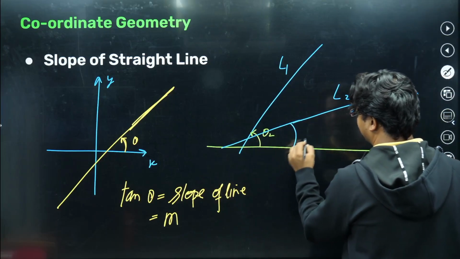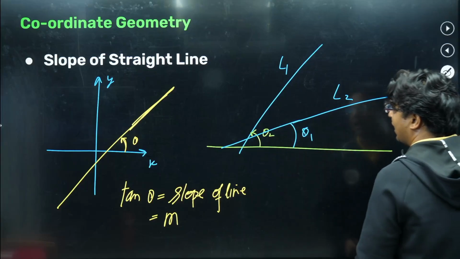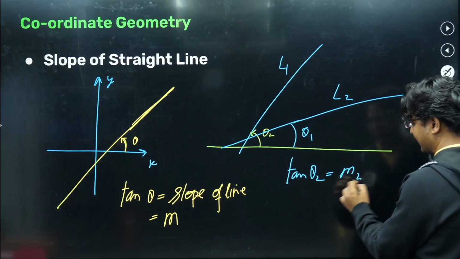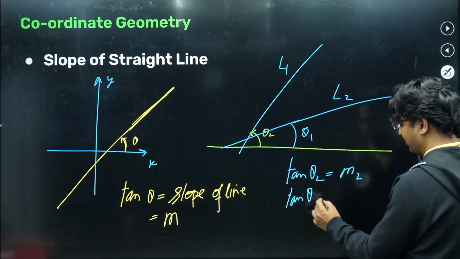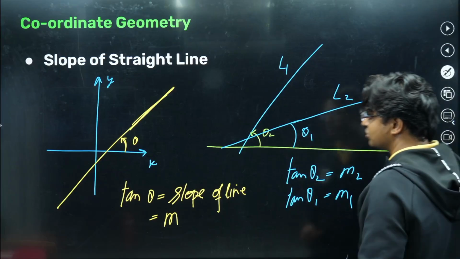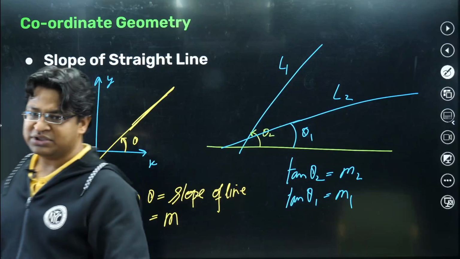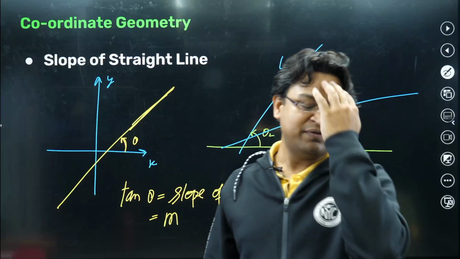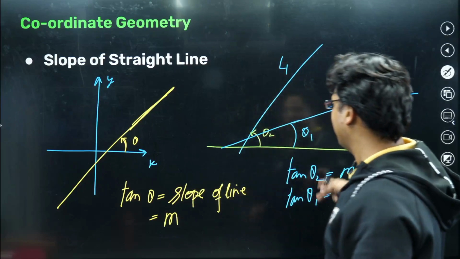So tan theta 2 will become the slope of the second line, tan theta 1 will become the slope of the first line. Because both the angles are acute, these angles will fall in the first quadrant, and in the first quadrant tan is positive, so both will have positive slope.